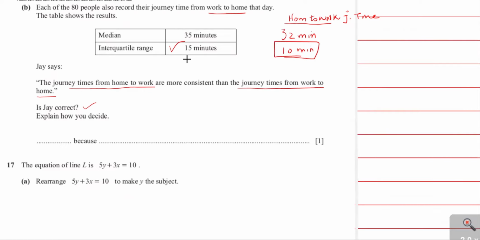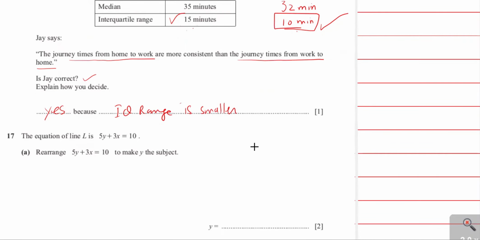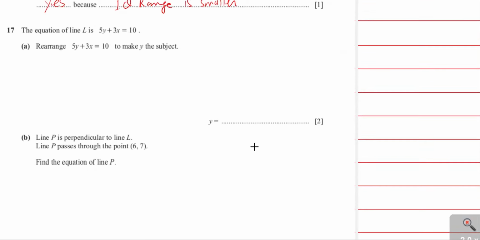When we compare these two values, the interquartile range from home to work is less than the interquartile range from work to home. Therefore, this is where the data is more consistent. Therefore, we write yes, the journey time from home to work is more consistent because the interquartile range is smaller, and this is the answer.